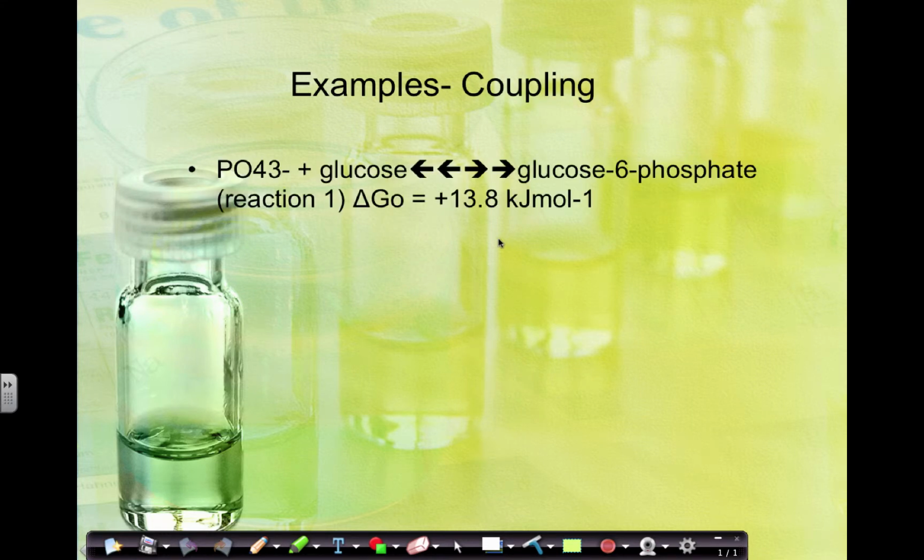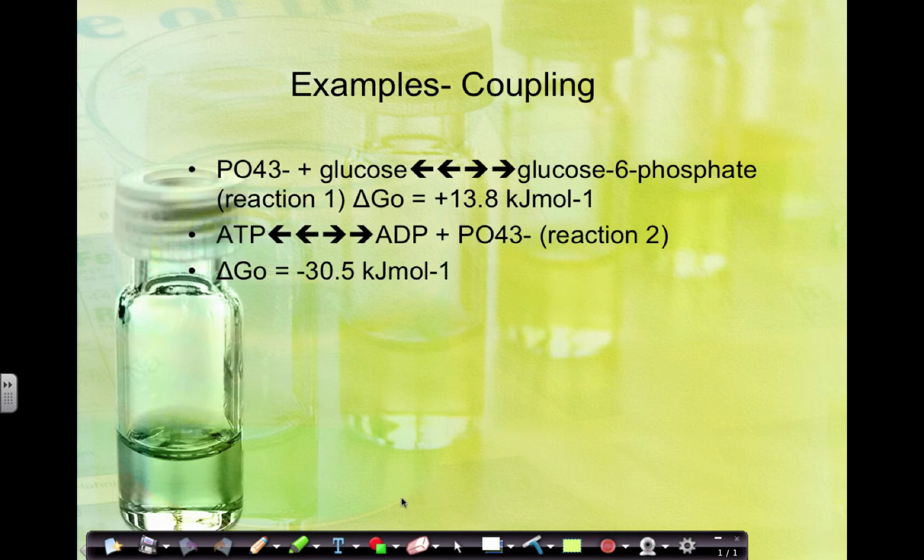Now, coupling is something that happens in the body all the time. So in the process of breaking down glucose, you actually have to add a phosphate group to it. So that's one of the first steps in actually breaking down the glucose. This is a positive delta G, which means that it is non-spontaneous. Well, I take ATP and I break it, so I make ADP and then I take off a phosphate group.